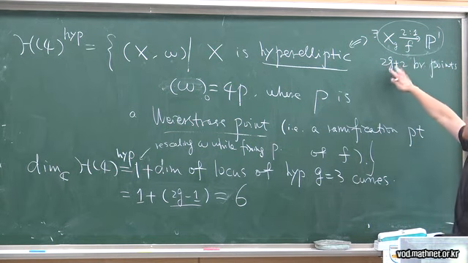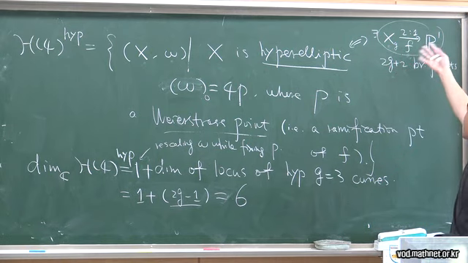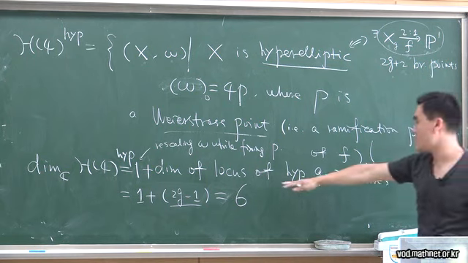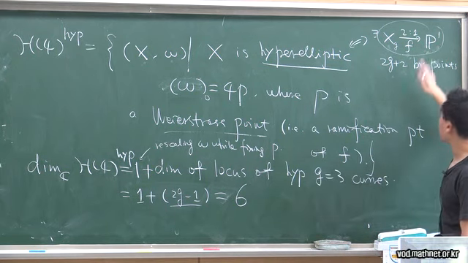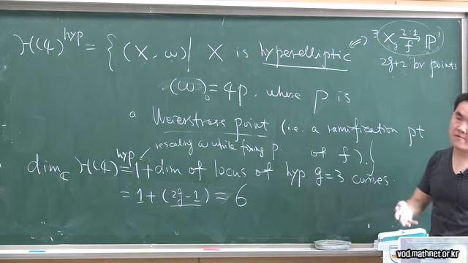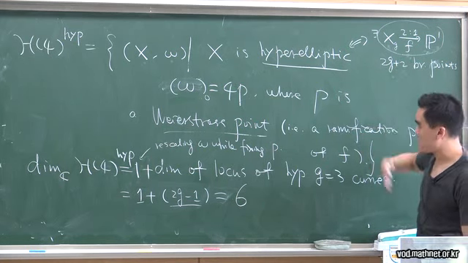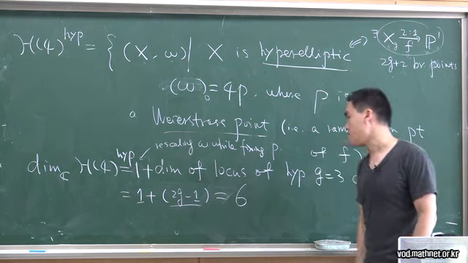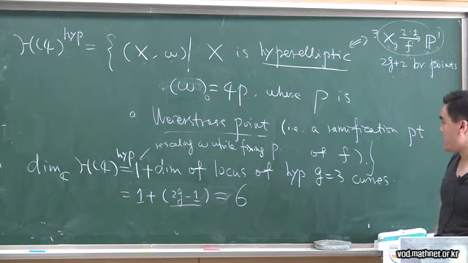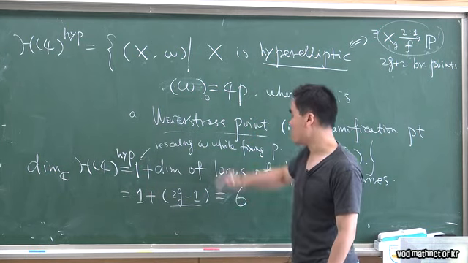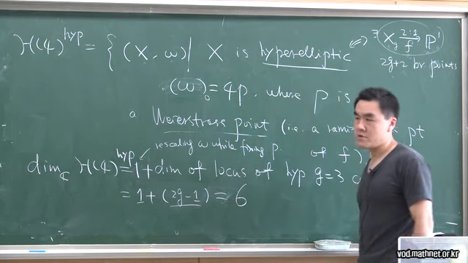It looks like I get a 2G plus 2 dimensional space, because I can choose 2G plus 2 points. Why is it 2G minus 1? Just because P1 has a 3-dimensional automorphism group. So I can fix 3 points to be 0, 1, infinity. That leaves the other 2G minus 1 points to vary. That gives you the dimension of the space of hyperelliptic genus G curves. Again, the extra dimension comes from rescaling omega. Altogether, again, a 6-dimensional space.